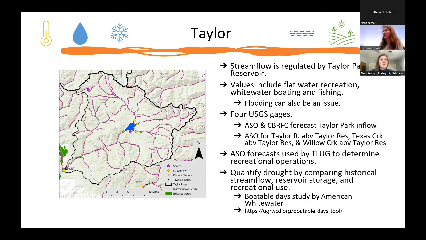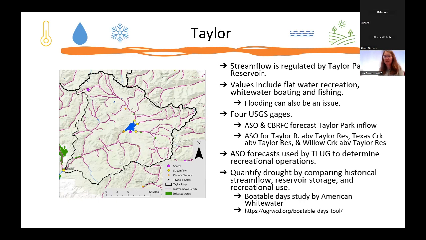ASO has also broken it down by each of the contributing streams. The ASO forecasts are what's being used by TLUG to help determine recreational operations with regard to Taylor Park Reservoir. We're quantifying drought by looking at streamflow levels, reservoir storage, and recreation use. There was that boatable days study by American Whitewater, and we've got the link back to the Upper Gunnison website there.